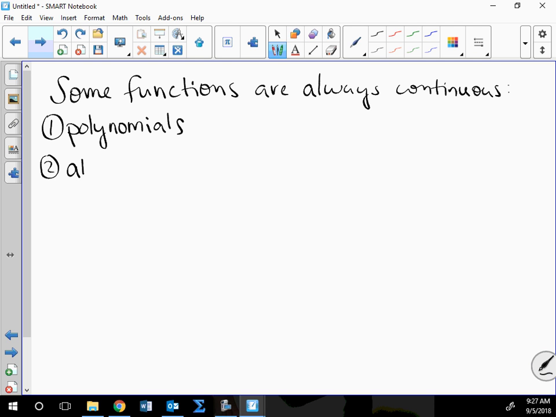Absolute value. And any odd root function. So like cube root, fifth root, cube root of x.